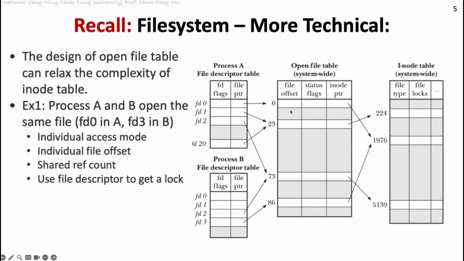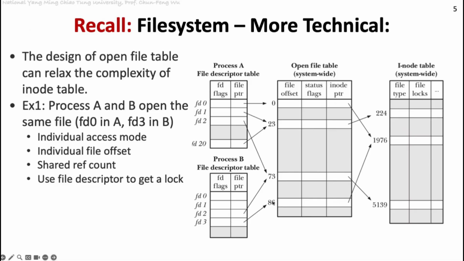So when process A is accessing FD0, the file system knows that FD0 is now accessing maybe the head of the file. When process B's FD3 is accessing the tail of this file, and the operating system schedules process B for FD3, once again we can move the offset to the tail of the file.